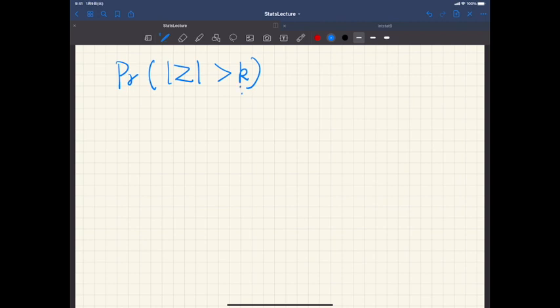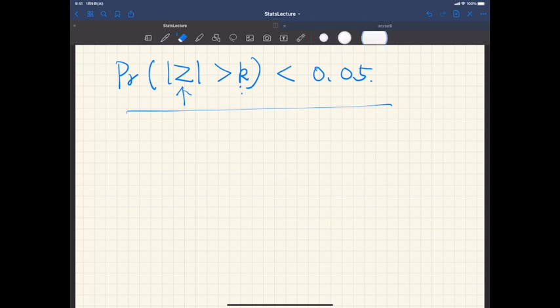For some k, this becomes less than, say, 5%. If we get any value of z that satisfies this inequality, giving a probability less than 5%, then we reject our hypothesis.